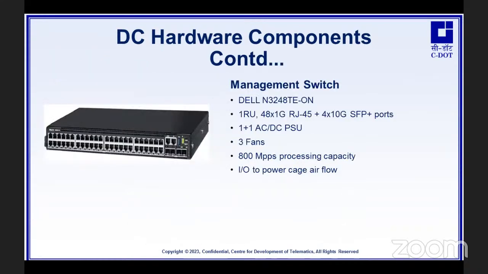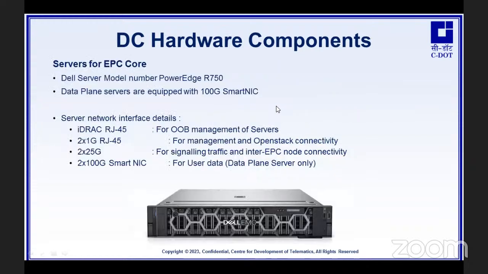So this is the management switch. It also belongs to Dell, and it's a 1 rack unit form factor. It has 48 x 1G RJ45 ports. In the case of mini DC, 2 x 1G. In mini DC, only the data plane servers are there, so 2 x 100G smart NIC card servers will be there.